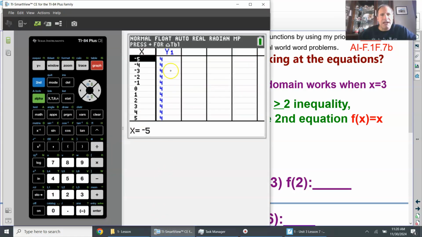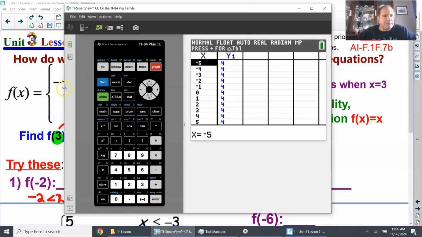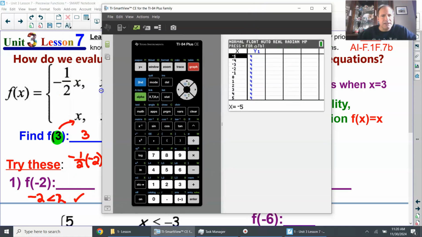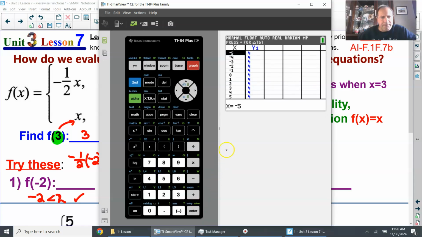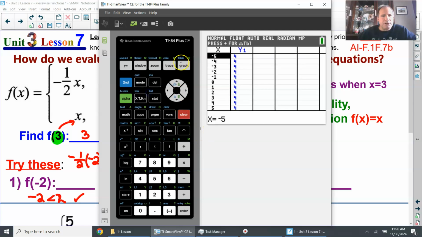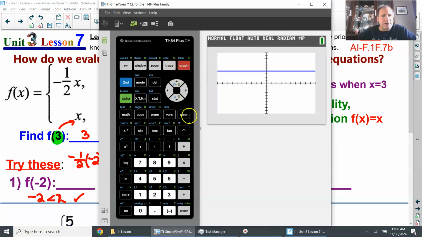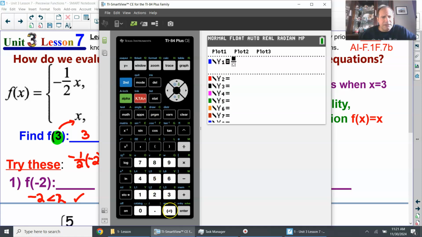Or you could just go ahead and put this directly into the calculator, and I'm just going to move this over so you can see. I'm going to clear that out. Press graph, clear it out, and then press y equals, and then negative 1 over 2 x.